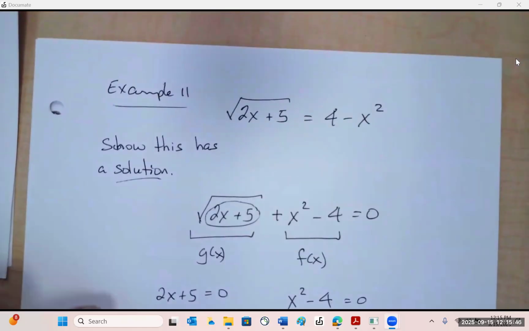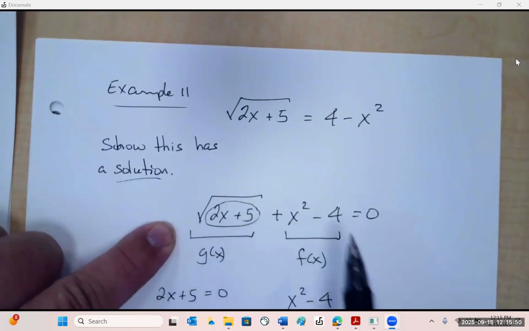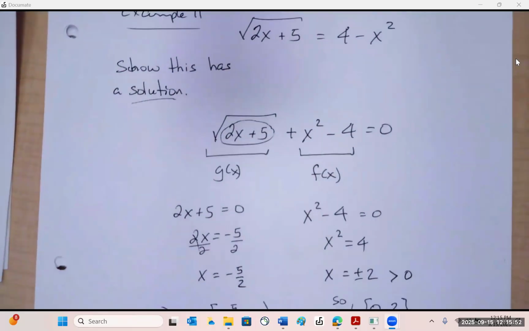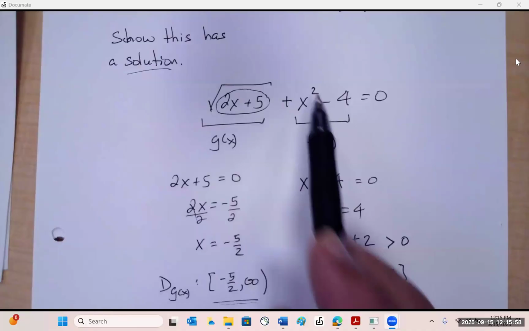Now, the function is this whole thing here, not just x squared minus 4, because if we just plugged in x squared minus 4, you know it equals 0. So we use the whole thing.